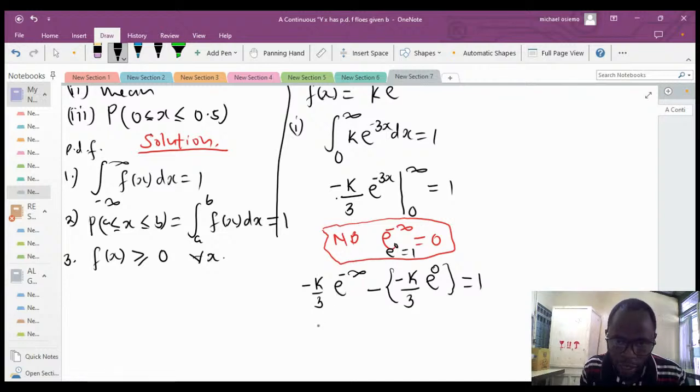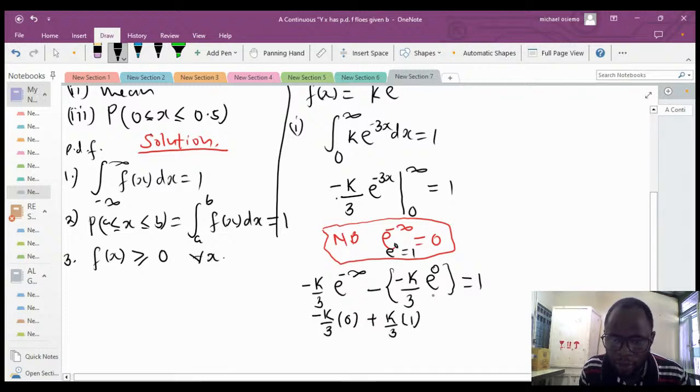So the whole expression is negative k over 3 times 0, minus, which becomes plus because of the negative, k over 3 multiplied by 1, and this will be equal to 1.